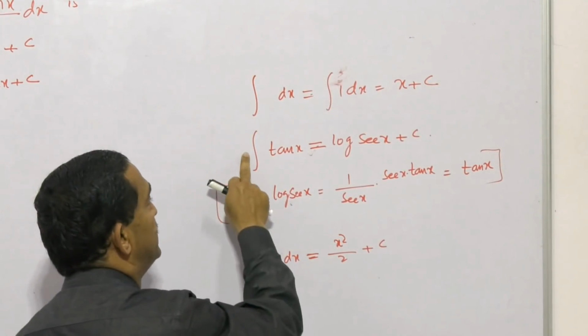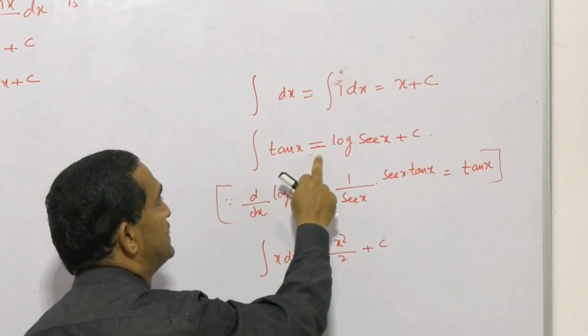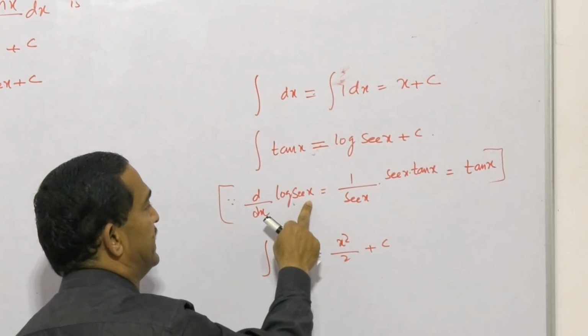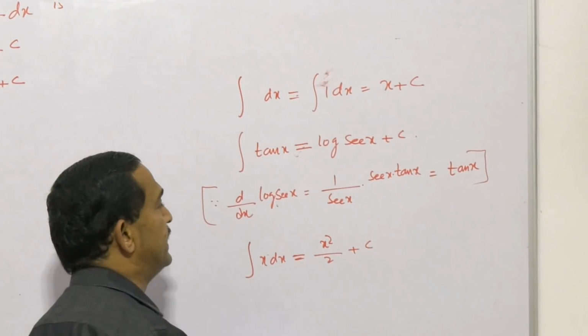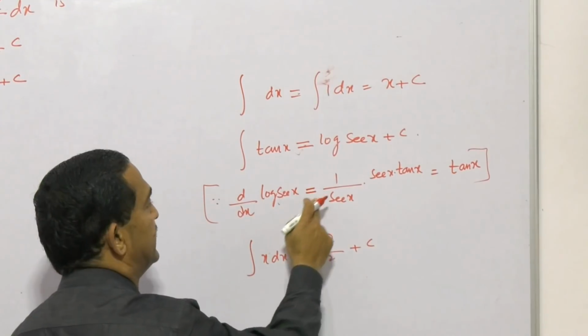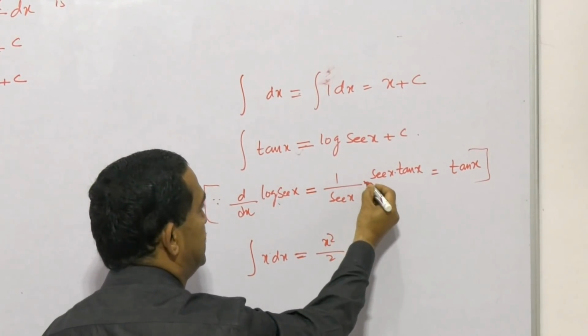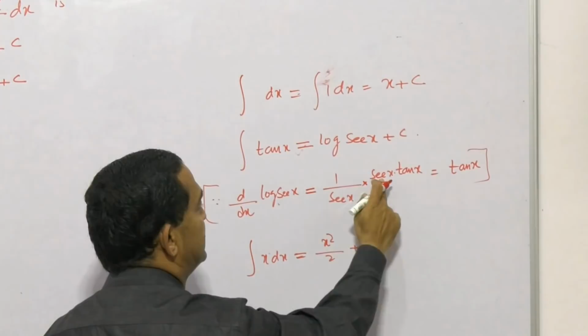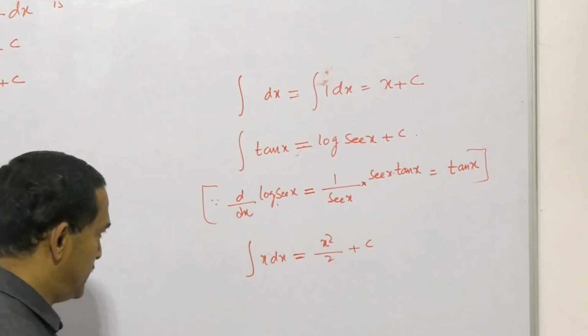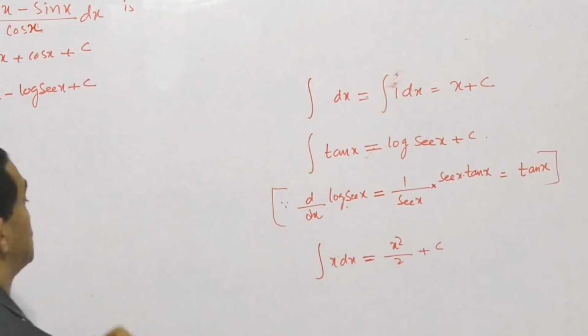Similarly, integral of tan x is log secant x plus c. Because if I differentiate log secant x, I get 1 by secant x into secant x into tan x. The secant x gets cancelled and you are left with tan x. Based on that, we can do this problem.